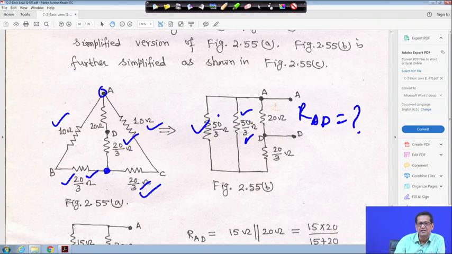That means these two are in parallel, right. And then you have to find out the resistance R_AD. So it cannot be in series here.